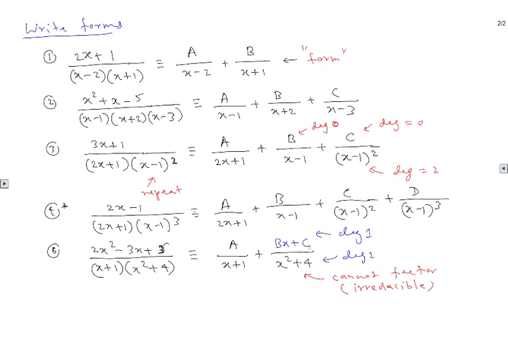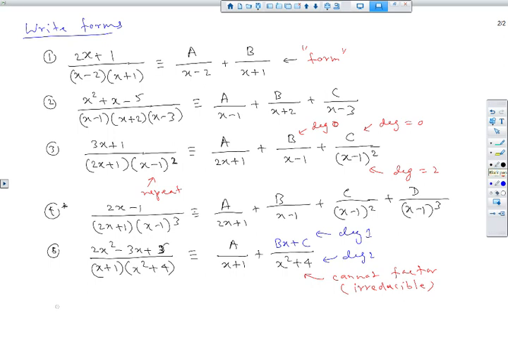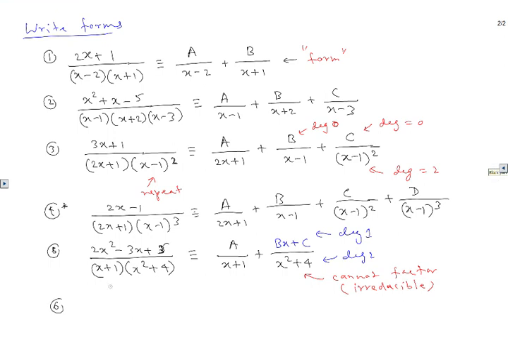So those are all the types that we have. And as the last one, let's say you have x plus 7 over x cubed minus 4x. If you get something like that, we're going to factor this completely. That's the first step, factor completely, and then start writing terms.